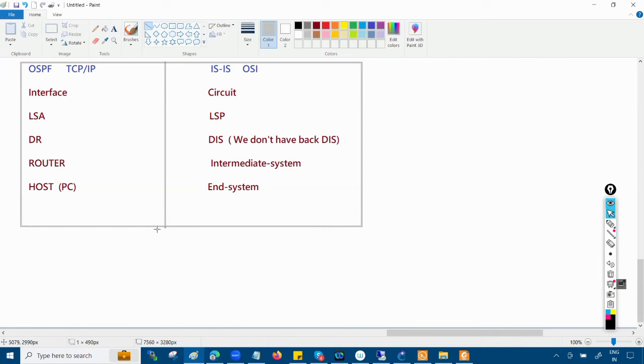That's why most of the terminology in the spanning tree protocol starts with bridge, like bridge ID, root. Same thing, ISIS was for the OSI. Later on, we introduced dual ISIS, or we can call it integrated ISIS. But still, we are using the older terminology.